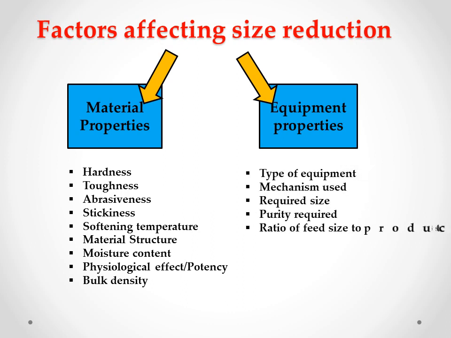While in case of equipment properties, the type of equipment, mechanism used, the required size of the particles, the purity requirements, and the ratio of feed size to the product size affect the particle size.